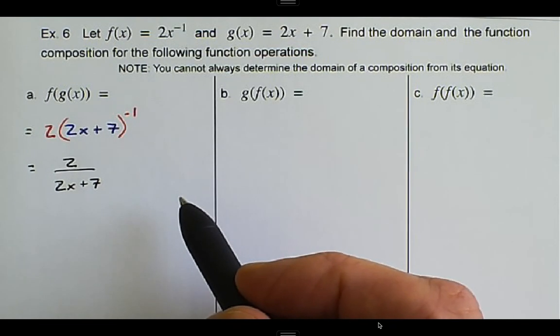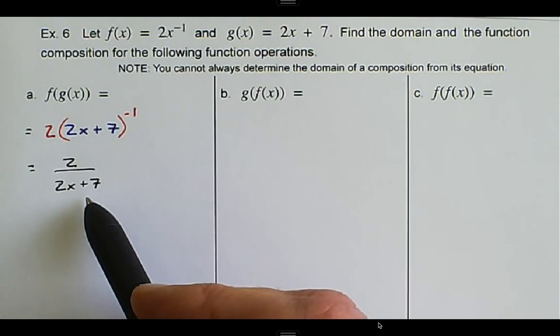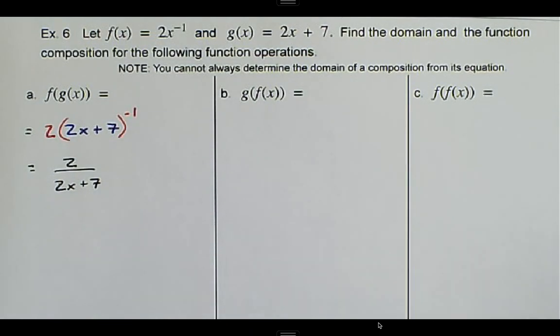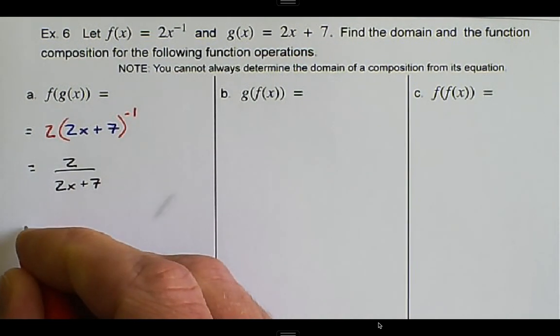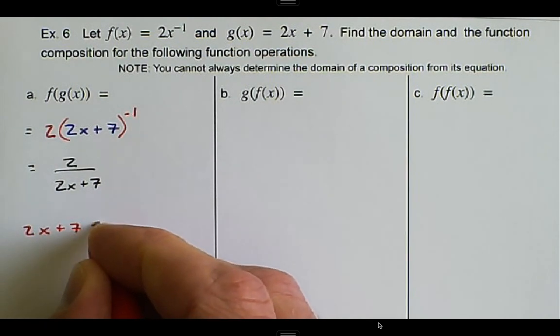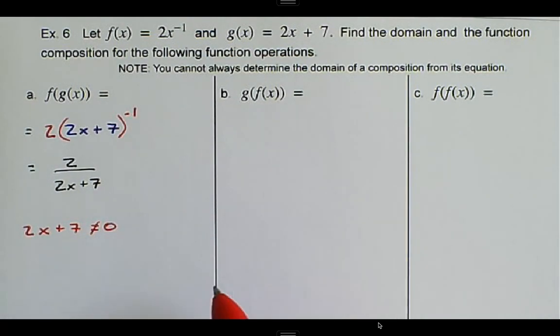So the domain is limited twice. It's limited by what's in the denominator here. And what's in the denominator here is 2x plus 7, which cannot equal 0, because if that's equal to 0, then the whole thing will be off.